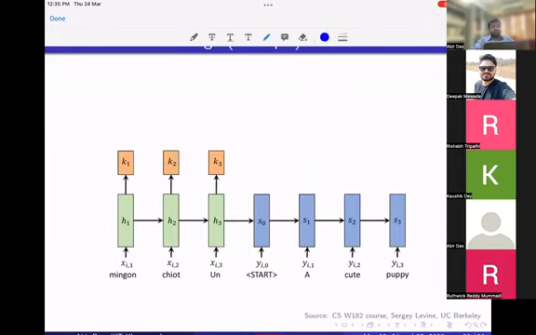Maybe it's a typo. That's why I was hesitant in uploading the slides. I have to correct these things. This should be Q0. Anyway, you are generating this query, then you are computing the similarity scores, the dot product with these keys. Then you are doing the softmax, that is you are generating this E1, E2, E3. So E1 gives you the similarity score between Q1 and K1.